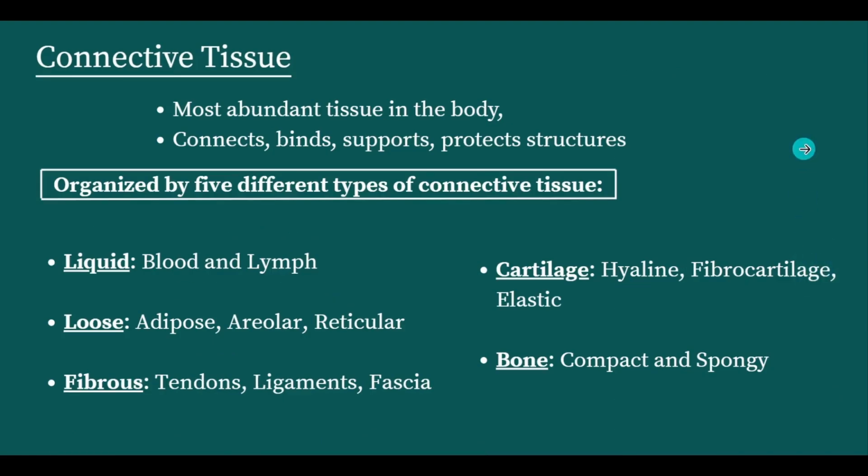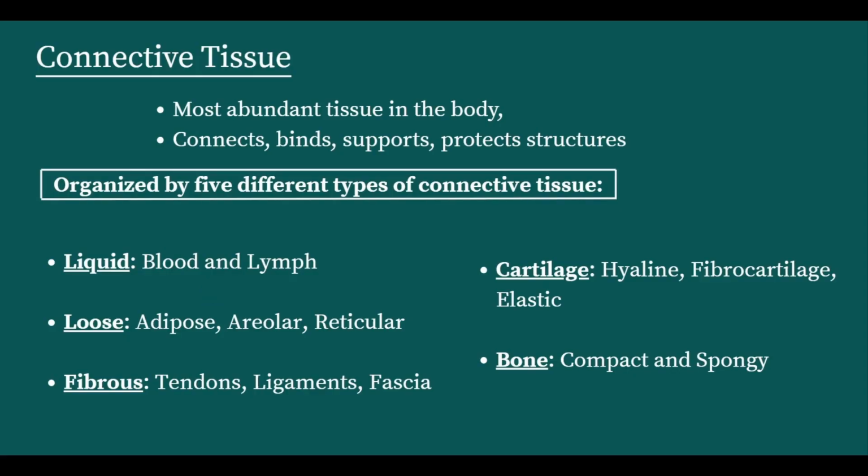Now, finally, we get to talk about all the different kinds of connective tissue and where they are. So we have liquid connective tissue, which is your blood and your lymph. Now remember that blood vessels and lymph vessels are both going to be smooth muscle fibers, but maybe lymph vessels aren't.